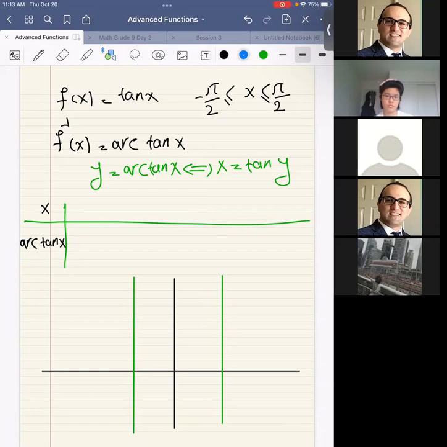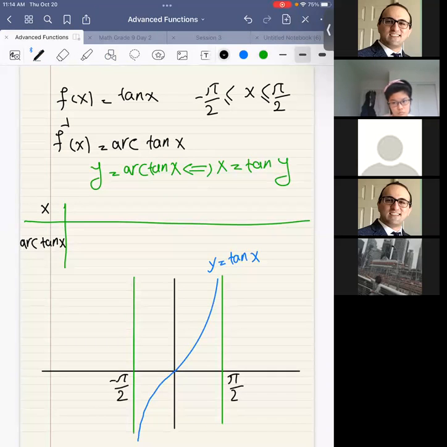And the graph is something like this. So this is y is equal to tangent of x. And that is the point pi half, and that's the point minus pi half. So x equal to pi half and x equal to minus pi half are vertical asymptotes.